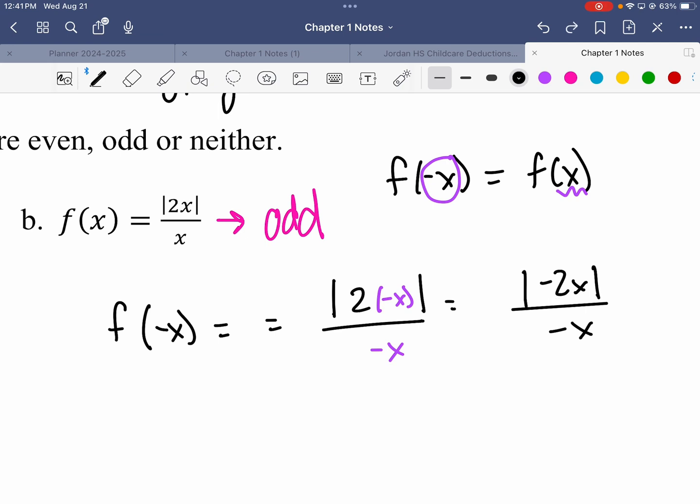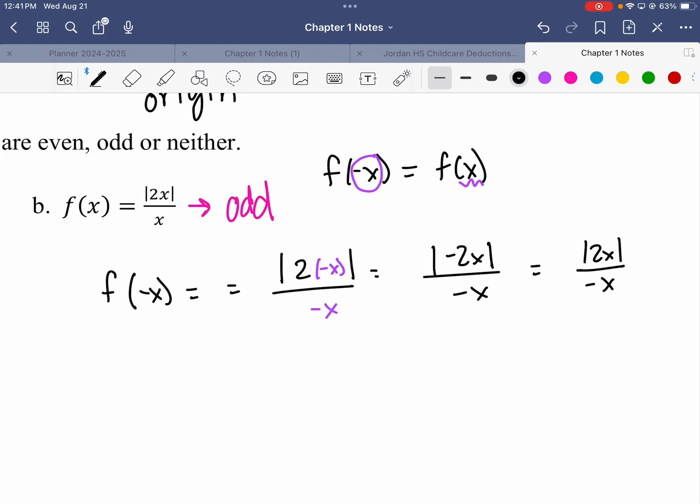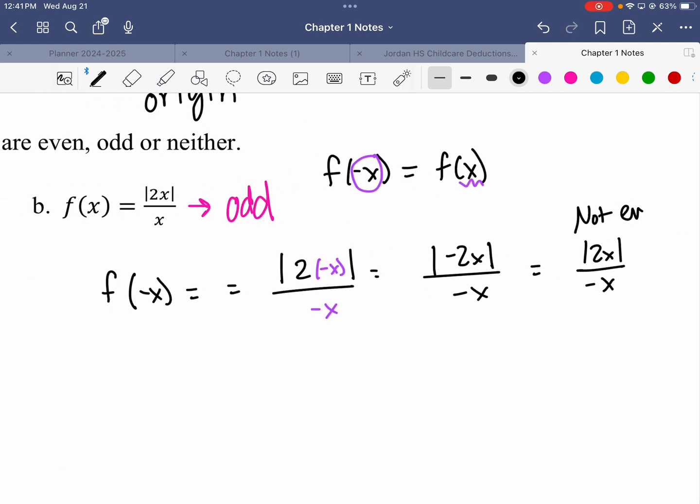If you take the absolute value of a negative, what are you going to get back out? No matter what, that's going to be the same as the absolute value of regular 2x, right? Yeah. But then we're dividing by a negative x. Does this match this? So is it even? No. So it's not even. So let's check and see.